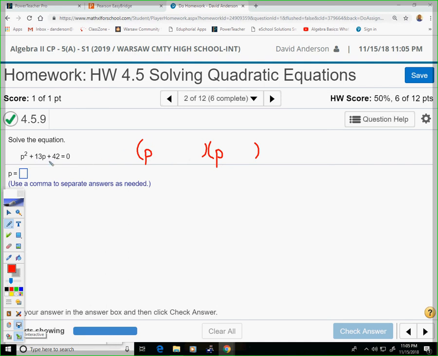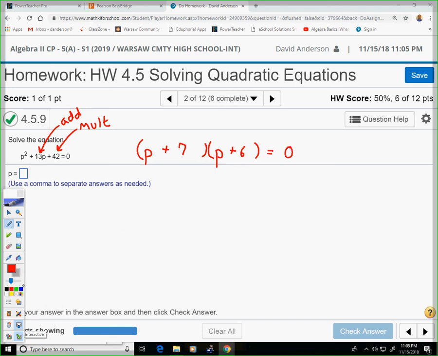And then the next 2 terms in each of these binomials have to multiply up to be 42, and they have to add up to be 13. Well, let's see. 6 times 7 is 42. 6 plus 7 is 13. So 7 and 6.